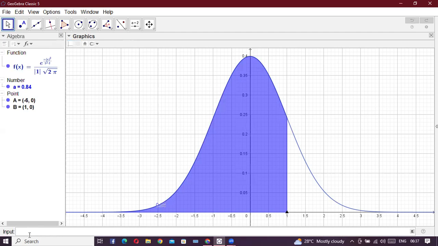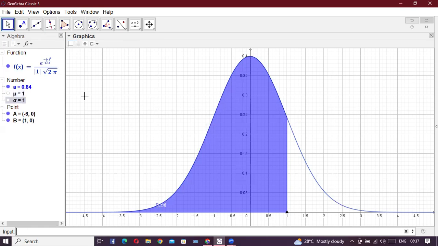So let's say we want to insert a slider into this and see how the mean and the standard deviation affect the normal distribution. I will set my mean to 1, so mean is equal to 1. And then I'll set my standard deviation, which is sigma, also to 1.